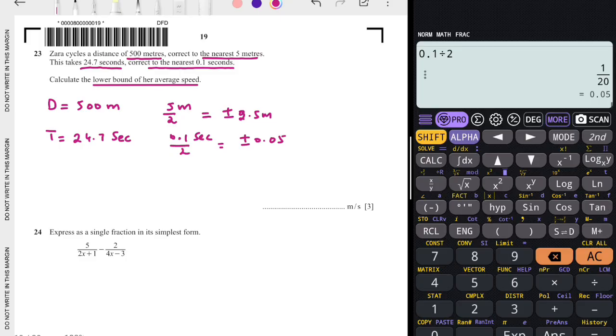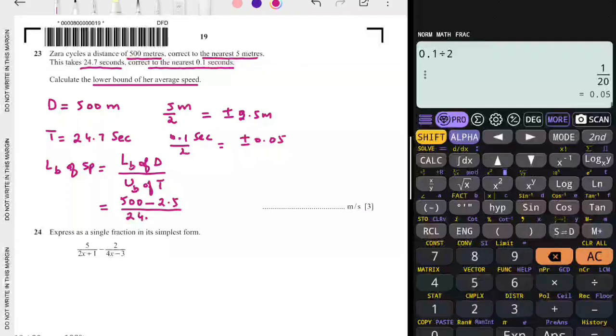Now to find the lower bound of speed, we use the formula: lower bound of distance divided by upper bound of time. So the lower bound of distance means 500 minus 2.5, divided by the upper bound of time, that would be 24.7 plus 0.05.